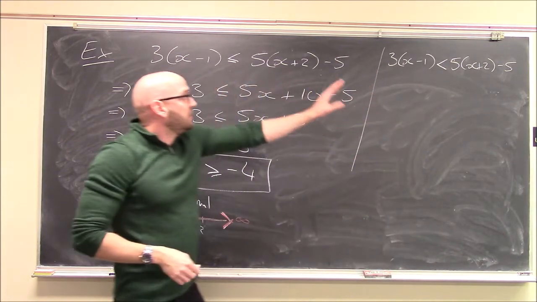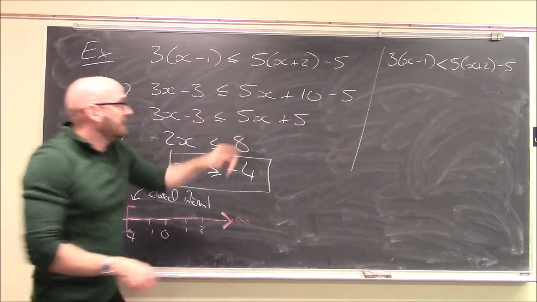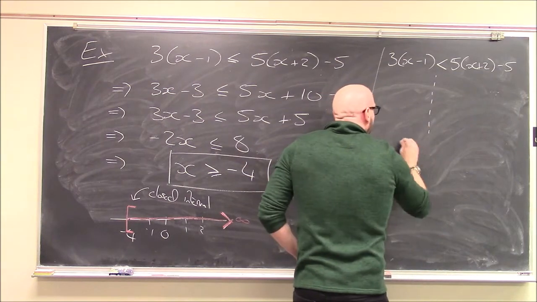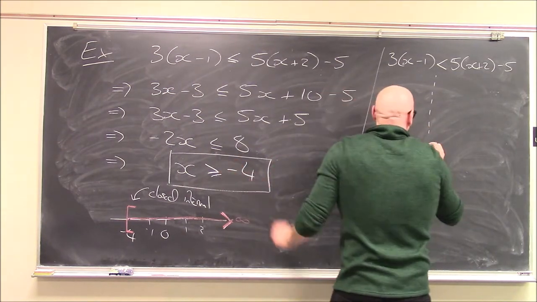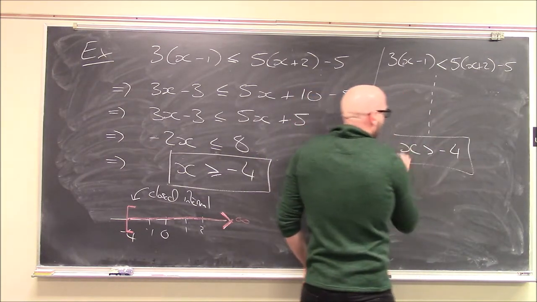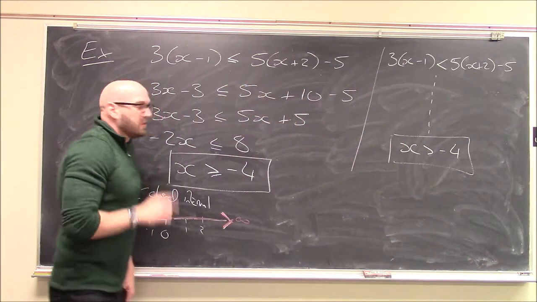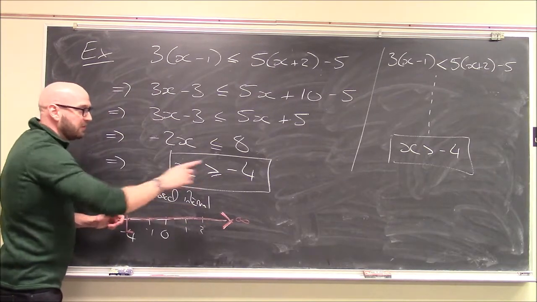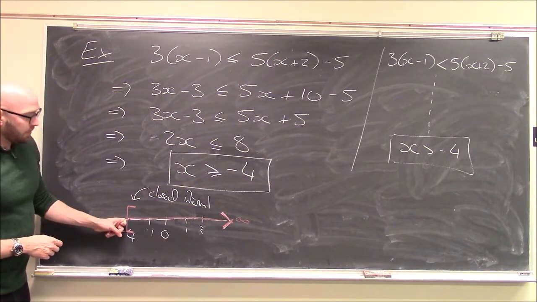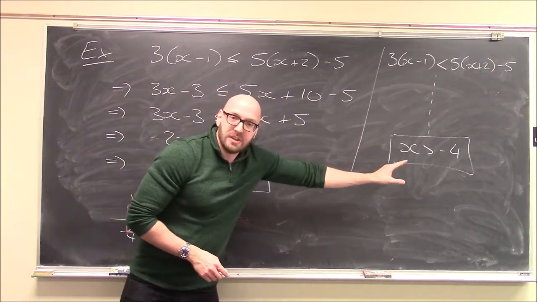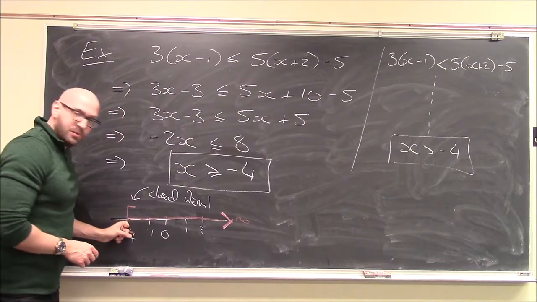Well, you'd go through and you'd solve it in the exact same way, and the only thing that's going to change here is my solution would look like x is strictly bigger than minus 4. So a slightly different solution set. Every number bigger than minus 4 solves both of them, but negative 4 is a solution to this one. This one has to be strictly bigger, everything bigger than minus 4, so I can't include minus 4.